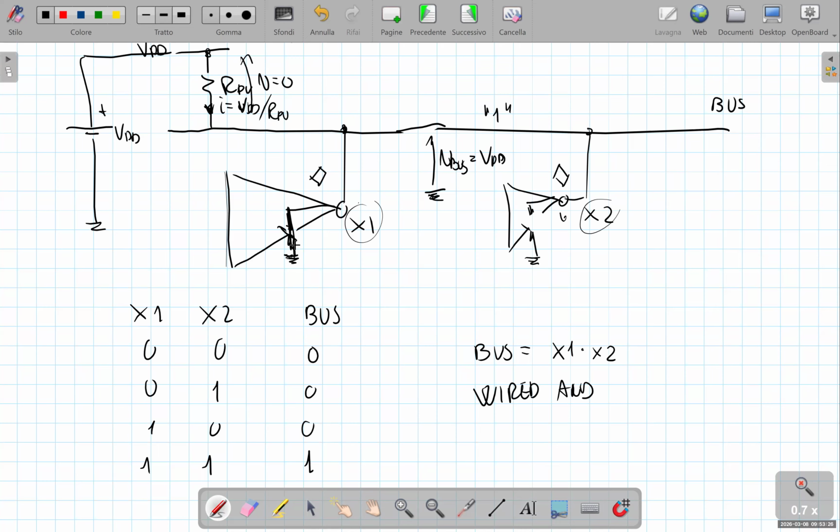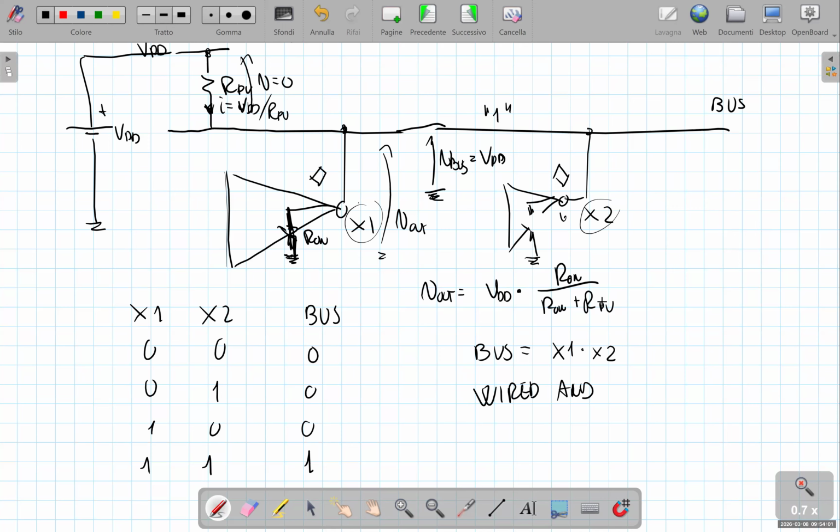Also, if we consider the on resistance of the gate, since we have a voltage divider between the pull-up resistance and the on resistance, V out is VDD times R on over R on plus R PU.